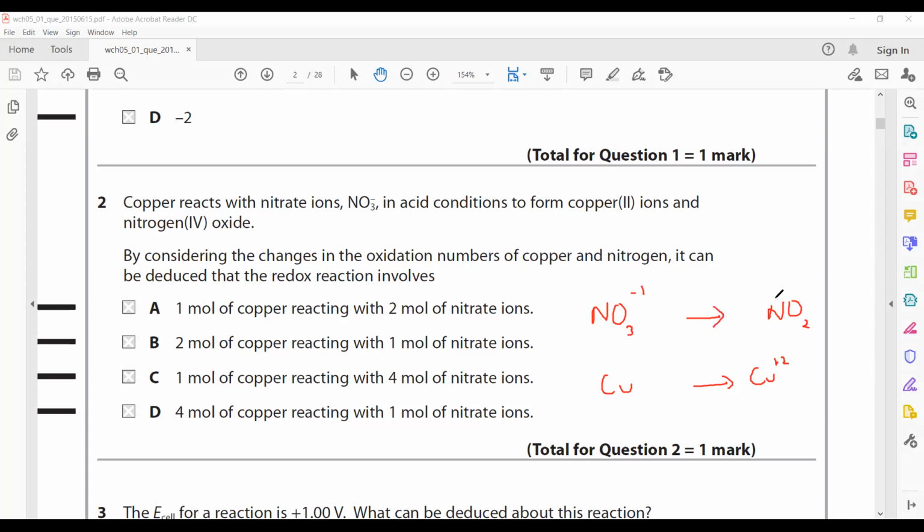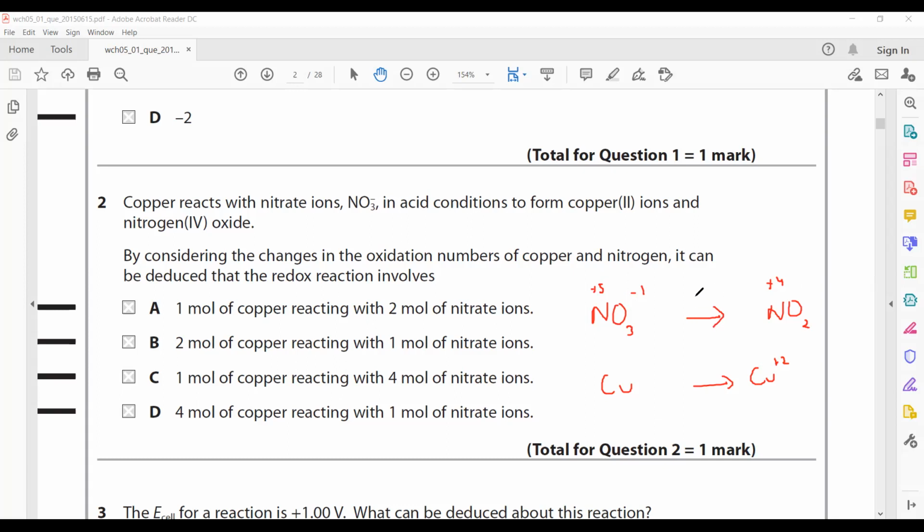Nitrogen here is +4 and here one oxygen is -1. So when we write the overall charge, this will be +5. +5 changes to +4.